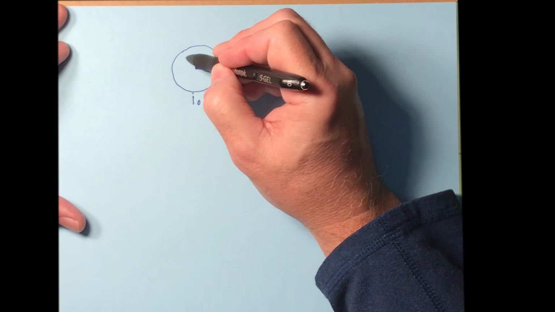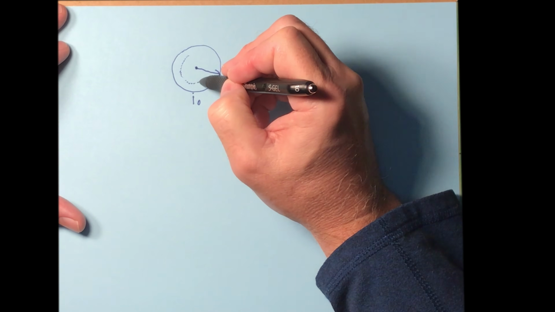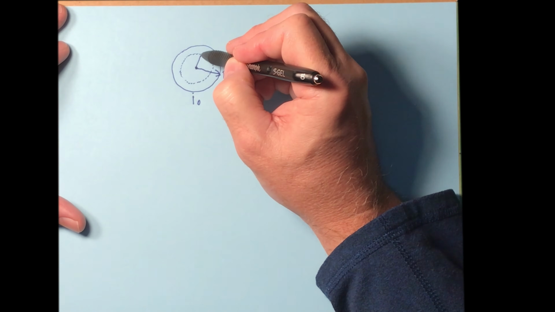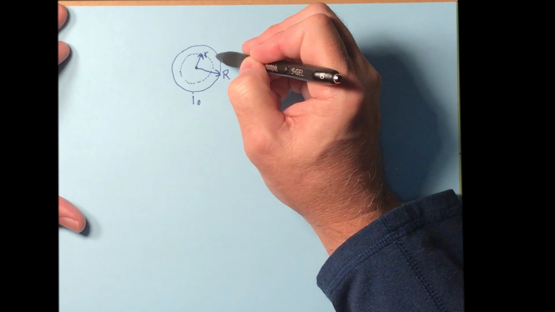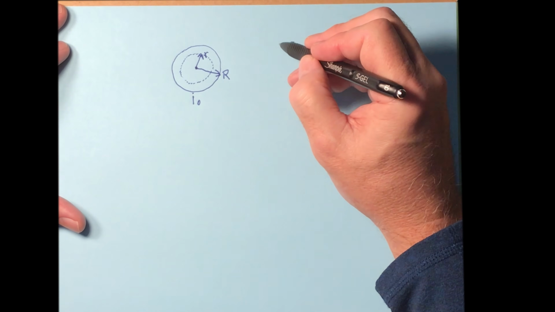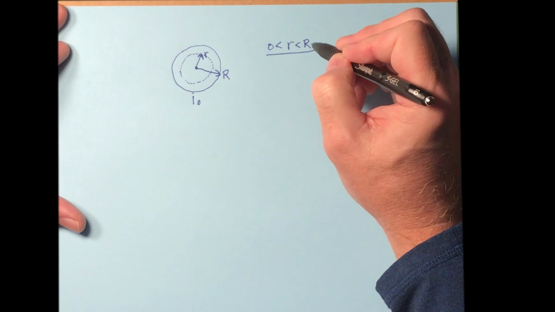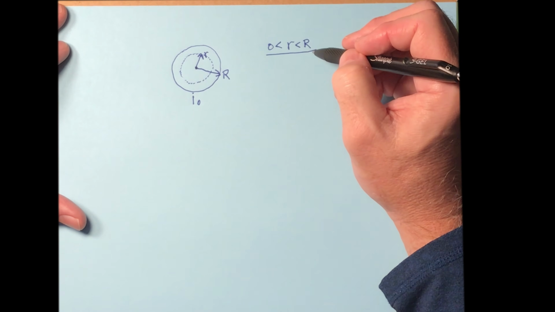So let's pick an Amperian loop that is inside the wire, and it has some arbitrary radius, r, that is between 0 and big R. That places it inside the wire.